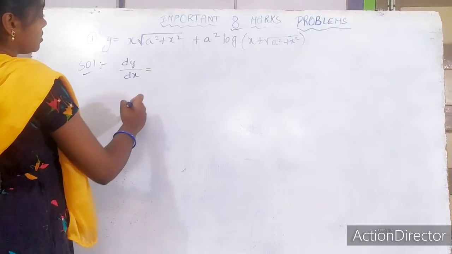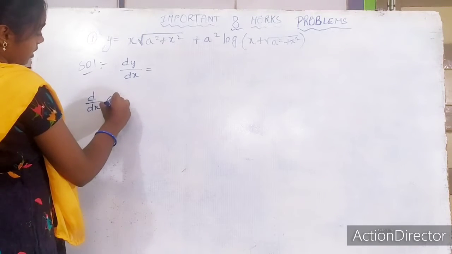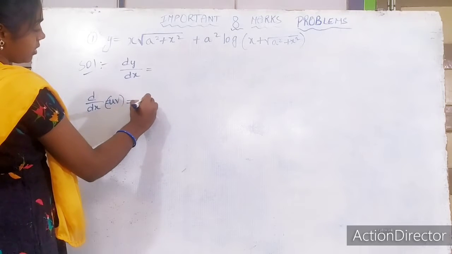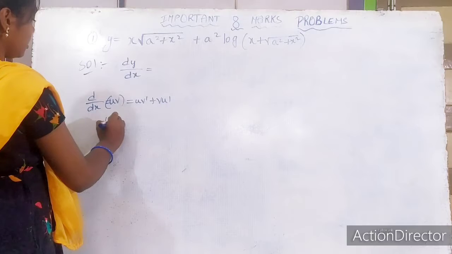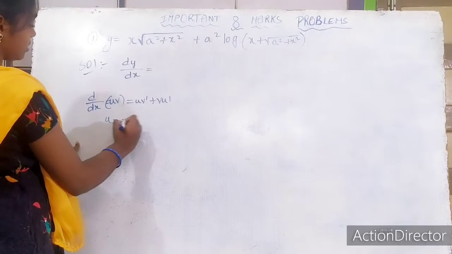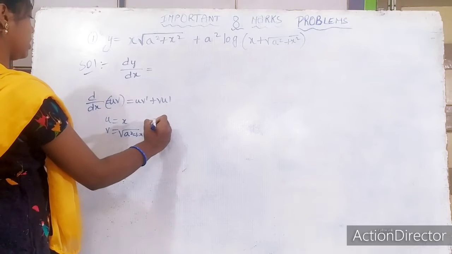So dy by dx of uv is equal to u v dash plus v u dash. Here u is equal to x, v is equal to root of x square plus a square.